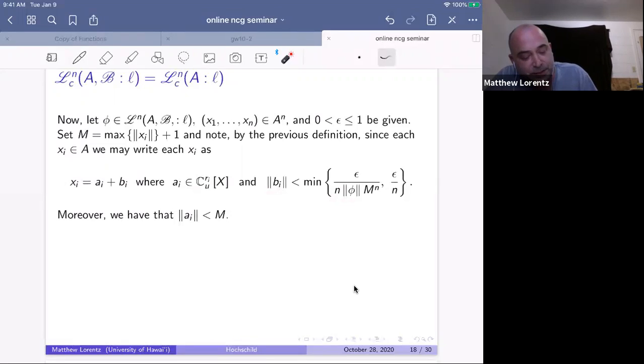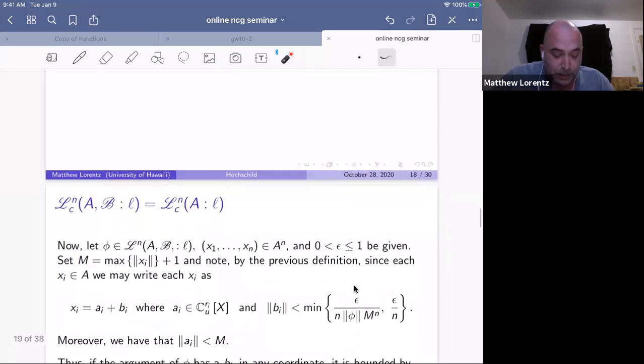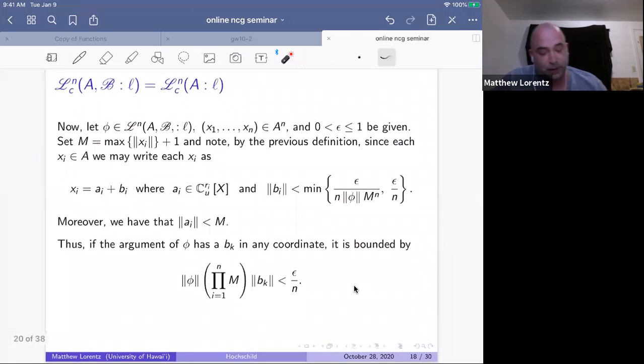And then because of this plus 1, we also have that each of these a_i's is less than m. So if we have one of these b's coming from here in any coordinate of our map phi, then it's going to be bounded by epsilon over n.